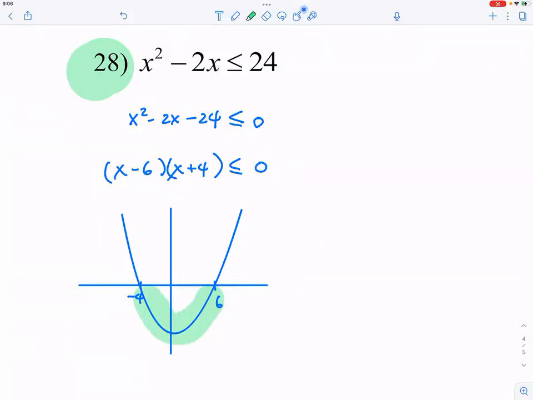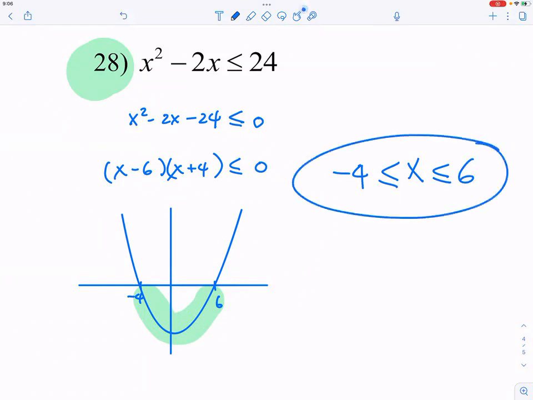And for this portion of the graph, how can we describe the x value? Greater than or equal to negative 4, and it is less than or equal to 6. Okay, so when you have x values being in between, you can simply express the values this way.